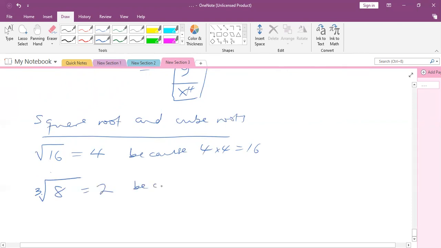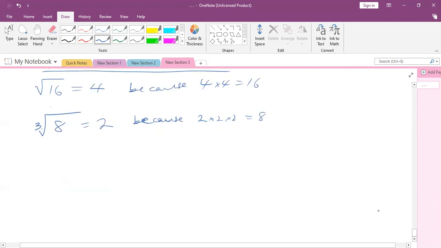Why? Because if I multiply 2 by itself 3 times, I'll get 8, because 2 times 2 times 2 gives me 8, and so on. All right. So just remember these things, you know. And as I said, you can always work backward from the answer that's given to you, you know.